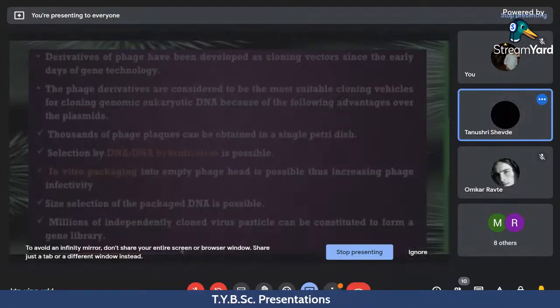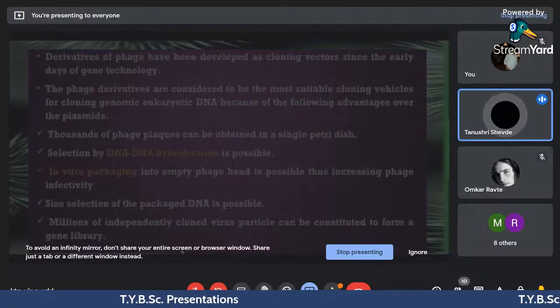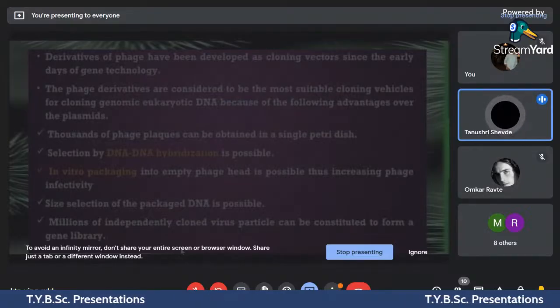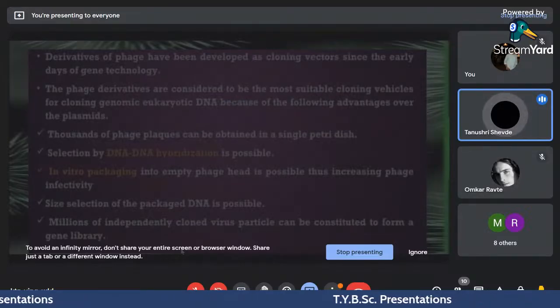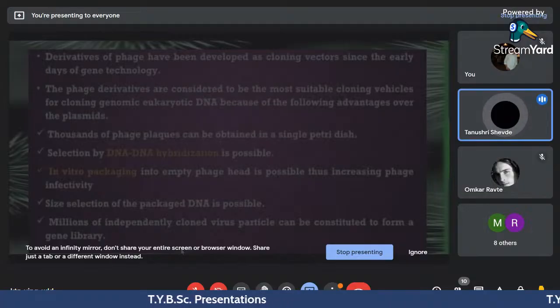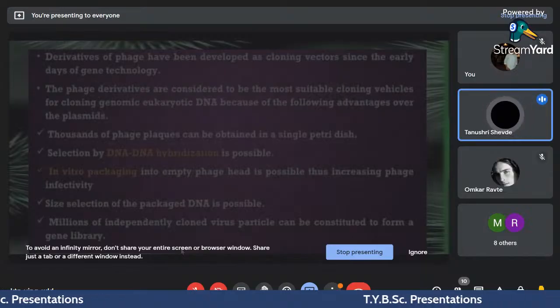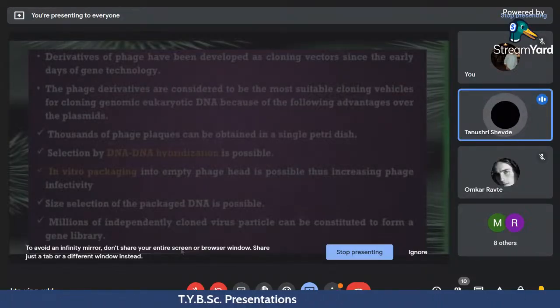Next. Derivatives of phage have been developed as cloning vectors since the early days of gene technology. The phage derivatives are considered to be the most suitable cloning vehicles for cloning genomic eukaryotic DNA because of the following reasons.